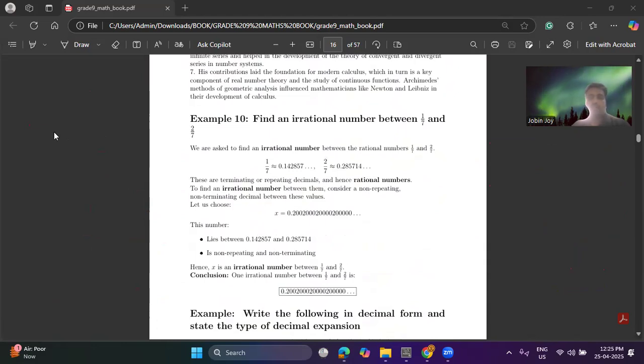Find an irrational number between 1 by 7 and 2 by 7.